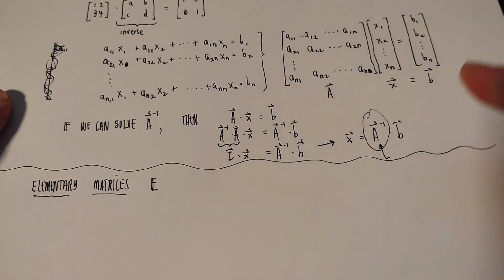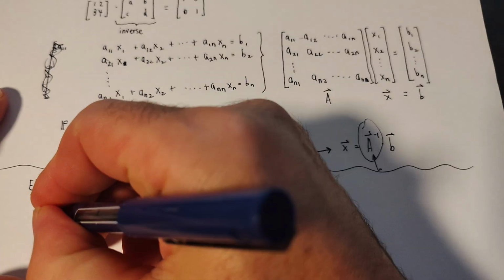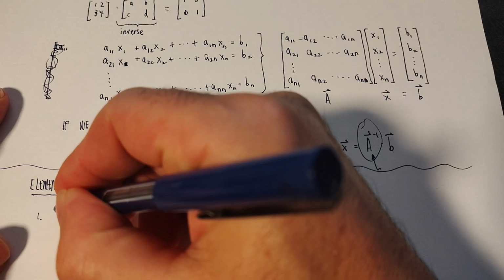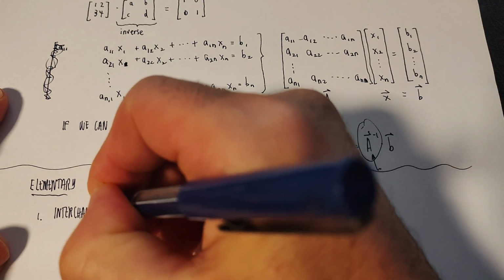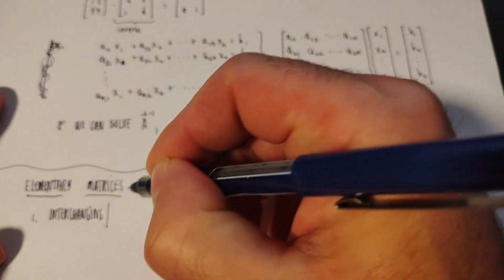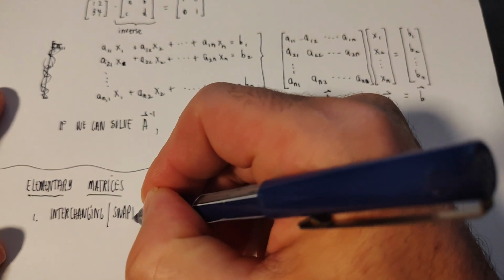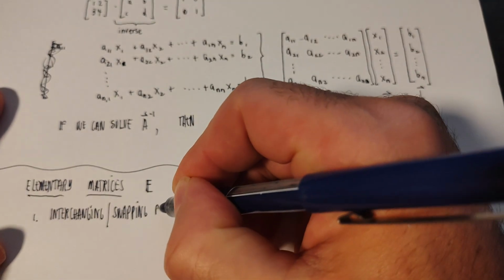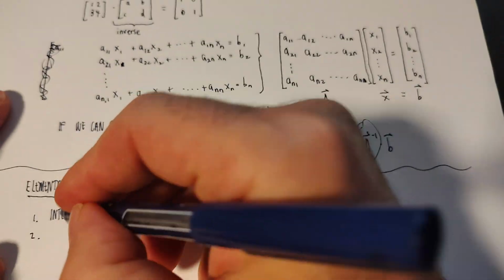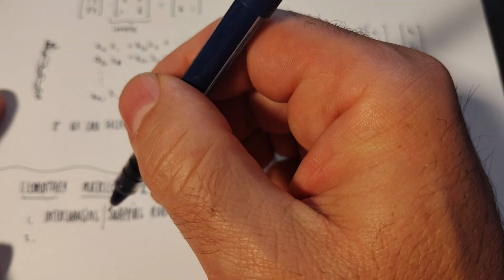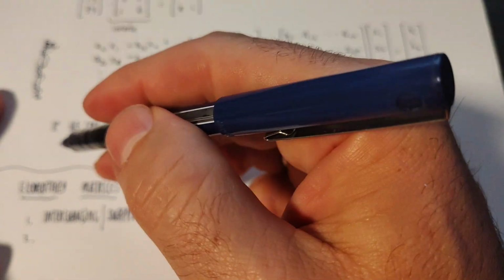Right? So the three operations are: one, swapping rows, or interchanging rows. A second operation, which is taking one row and adding a multiple of another row to it.